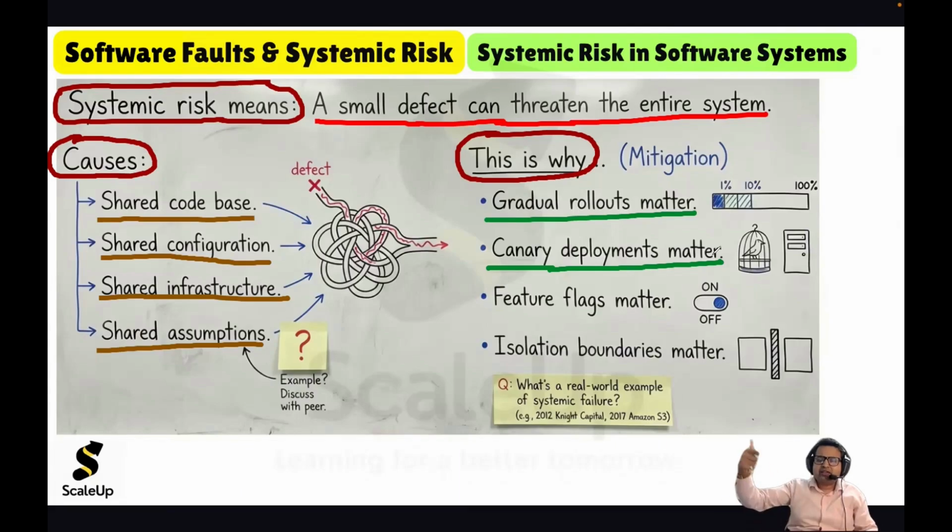You monitor that 1% for errors. If it fails, only 1% will get affected. And if the canary is healthy, then you roll it out to 10%, then 50%, then 100%. This transforms a systemic risk into a contained risk. So canary deployment is very important.